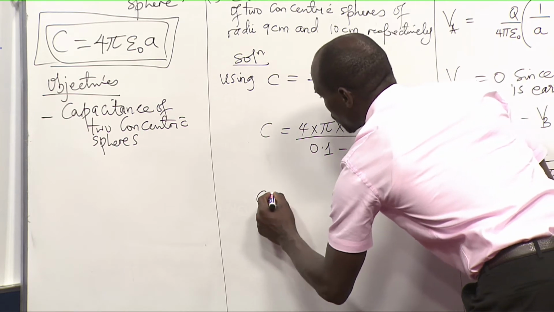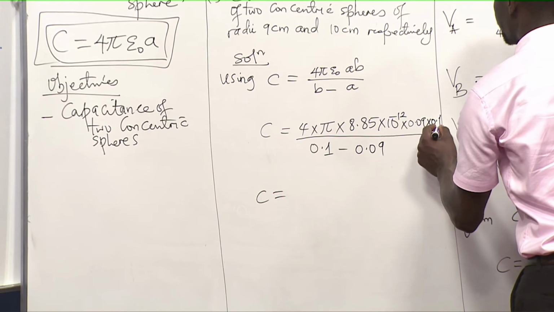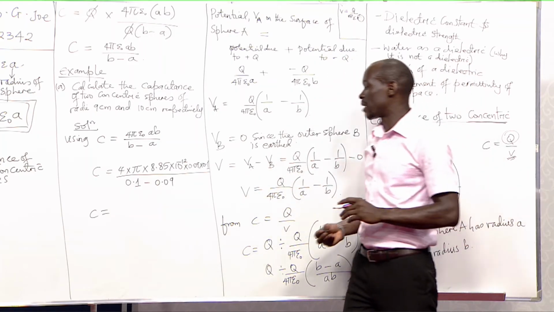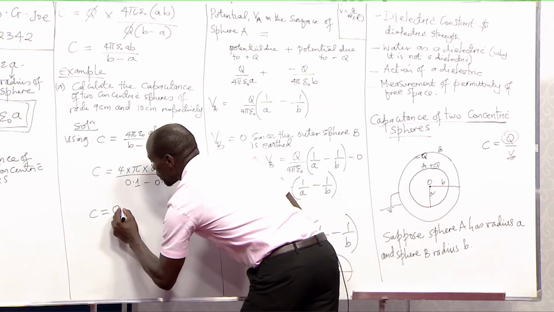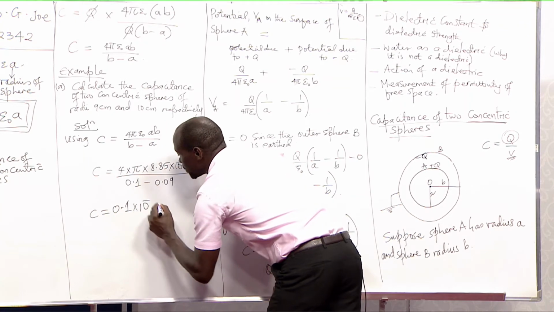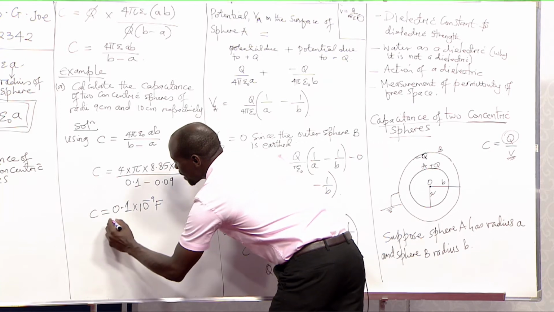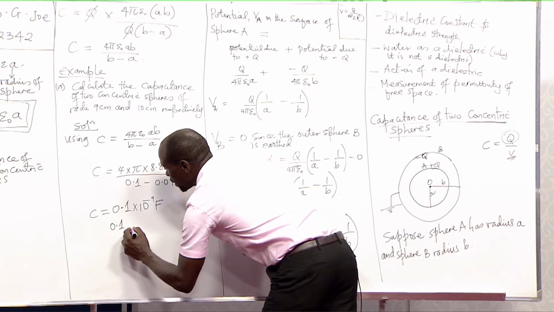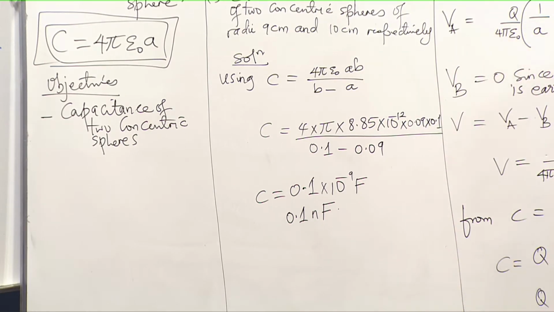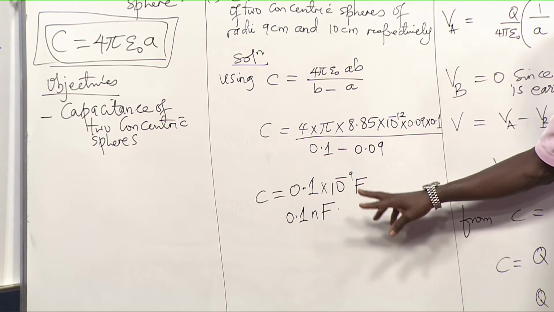And when you work through, you must be able to get an answer, which is going to be, I did not bring my calculator, 0.1 exponent negative 9 farads, which is the same as 0.1 nanofarads. Remember when we were looking at the relationship between the big unit and the smaller units?